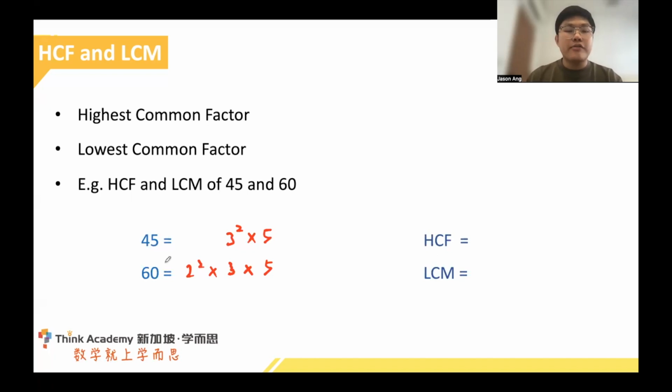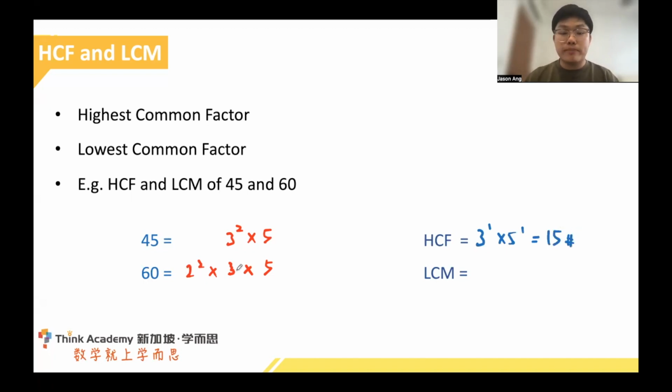For highest common factor, find the numbers common to both, and we're not looking at the largest possible power. We want the power that fits both cases. So 3 to the power of 1, 5 to the power of 1. We get the value of 15 very easily.